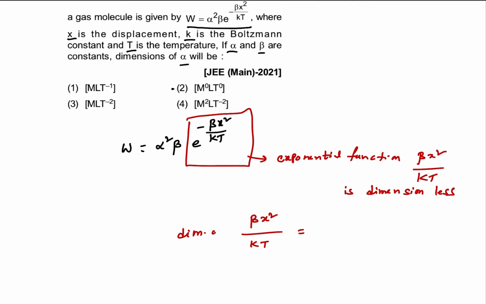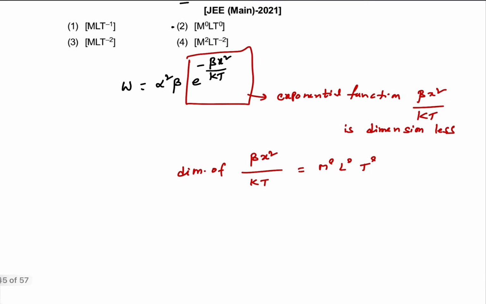If this is dimensionless, we can write the dimension of beta x square by kT is M power 0, L power 0, T power 0.